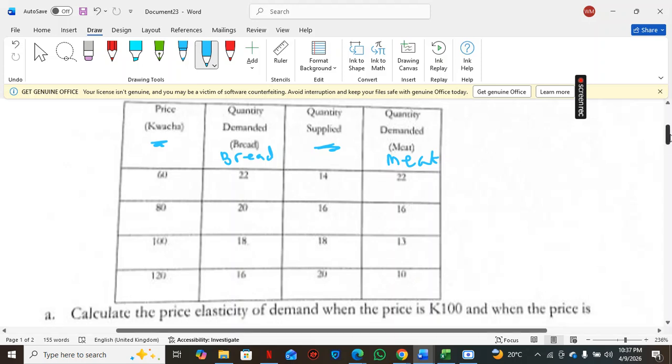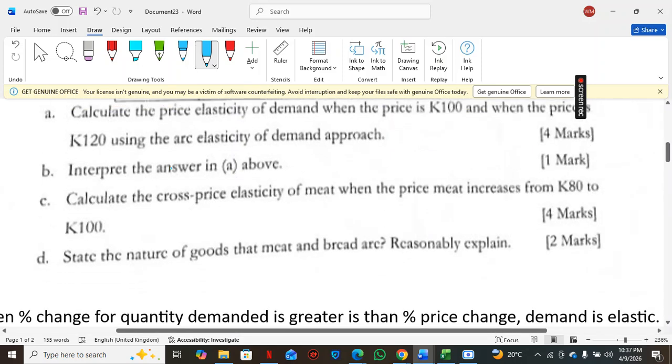Okay, so today we're looking at part C of the question, which says calculate the cross price elasticity of meat when the price of meat increases from 80 kwacha to 100 kwacha.